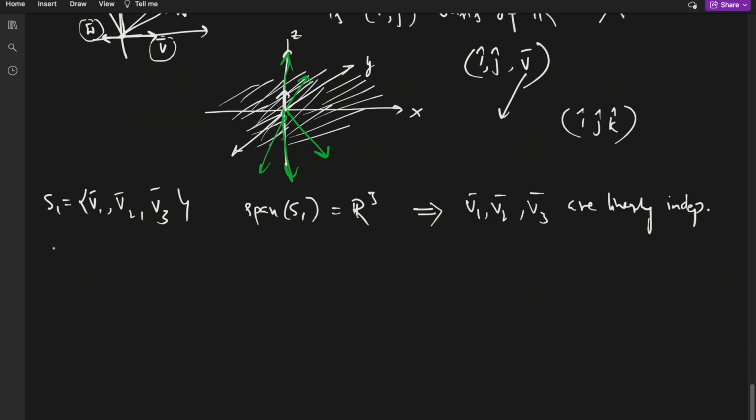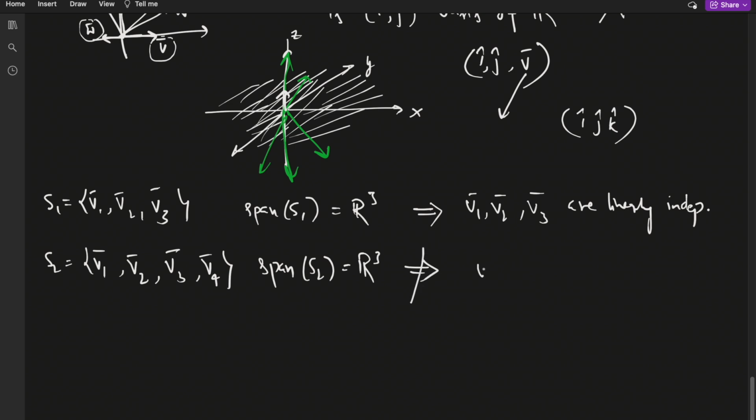But let us suppose I have given you another set S2, in which I have given you more than three vectors: v1, v2, v3, and one more vector v4. I told you again that the span of S2 is also R cube, but this does not imply that v1, v2, v3 and v4 are linearly independent.